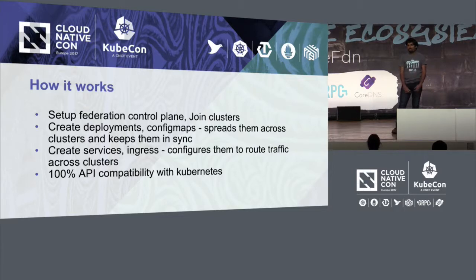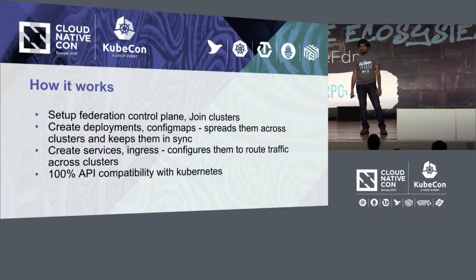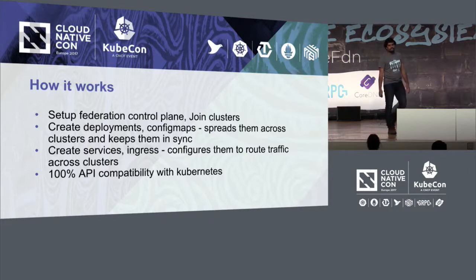Federation is 100% API compatible with Kubernetes. If you have your existing replica set definition, and you run kubectl create replica set, and you send that request to kube API server, the same request can be sent to federation API server, and the defaults are configured in such a way that it will all work out. By default, it balances the replicas across all the 3 clusters.